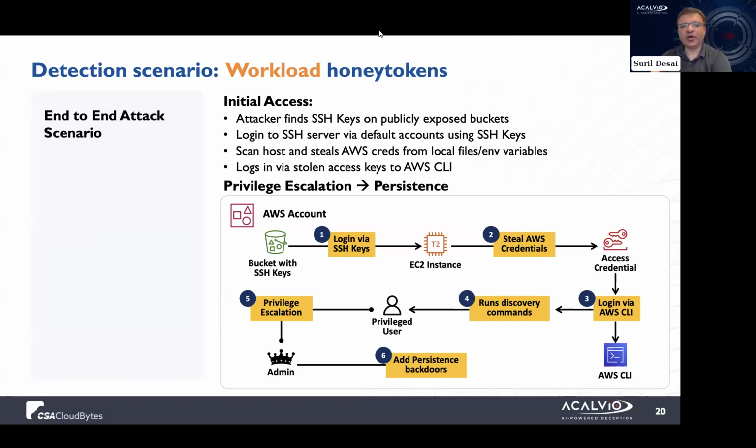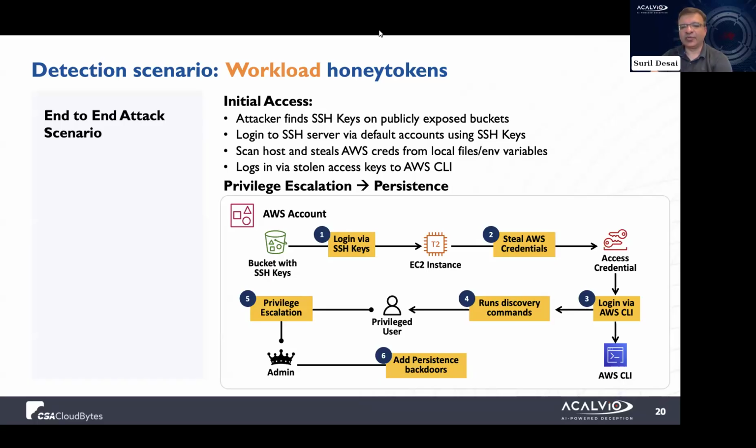Let's look at a scenario about how workload honey tokens can help the defender. So here is an end-to-end attack scenario. The attacker finds an SSH key on a publicly exposed S3 bucket. The attacker logs into the SSH server via default accounts using the SSH key. They then scan the host and look for AWS credentials, which are stored in local environments or configuration files.